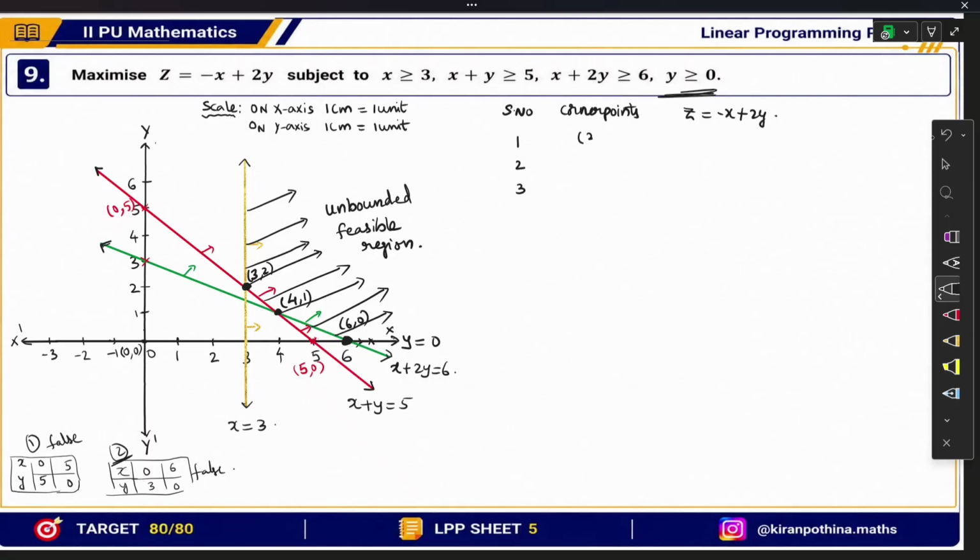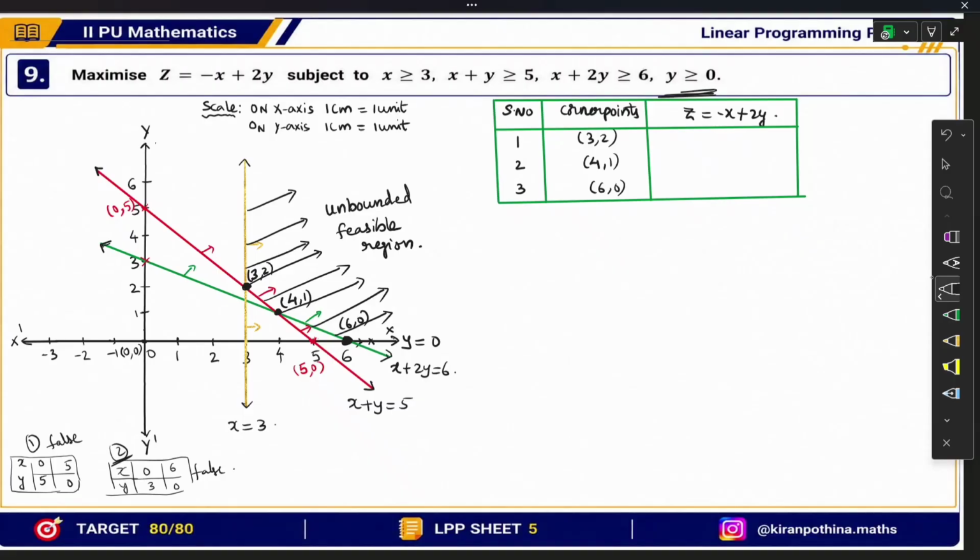First one is 3 comma 2, then 4 comma 1, and then 6 comma 0. We'll substitute one by one. Minus 3 plus 2 into 2 which is 1, then minus 4 plus 2 into 1 which is minus 2, and then minus 6 plus 0 which is minus 6.